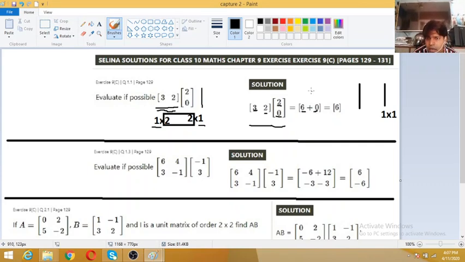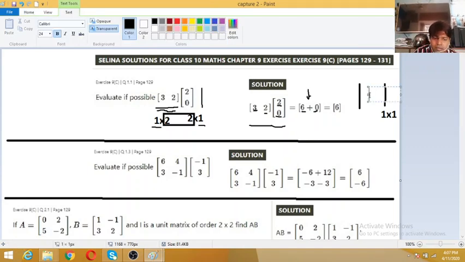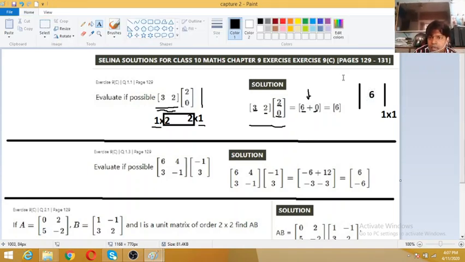With what sign in the middle? The plus sign will come in the middle, and after you add these two numbers you get 6. So 6 is the answer, and 6 is the only element in this matrix. Is that clear?